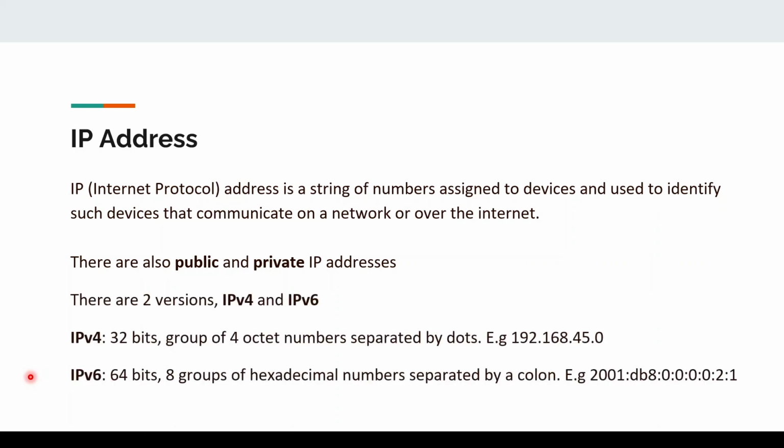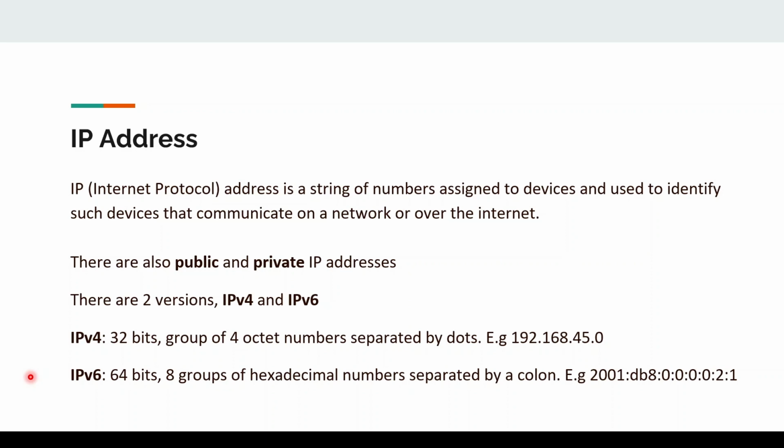Then there are two versions of this IP address. We have the IPv4 and IPv6. The IPv4 or IP version 4 is a 32-bit group of numbers separated by a dot. So each group is 8 bits. So you have four groups of 8-bit values.